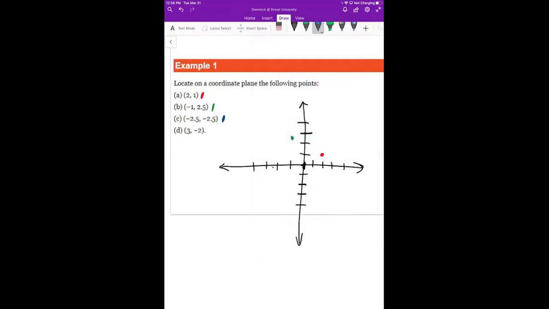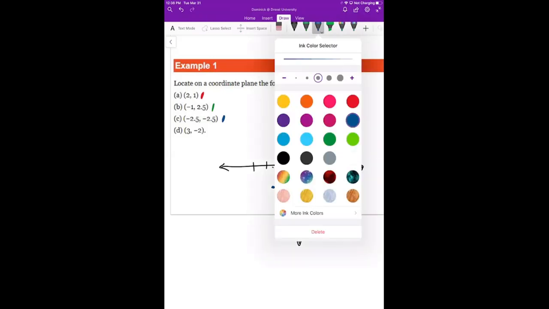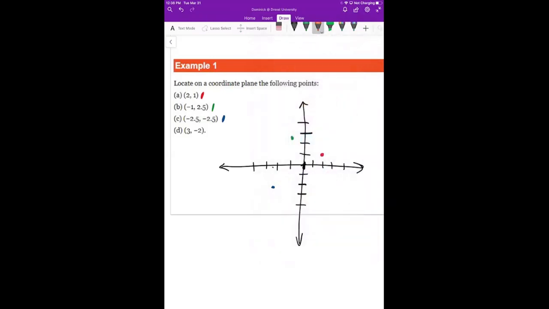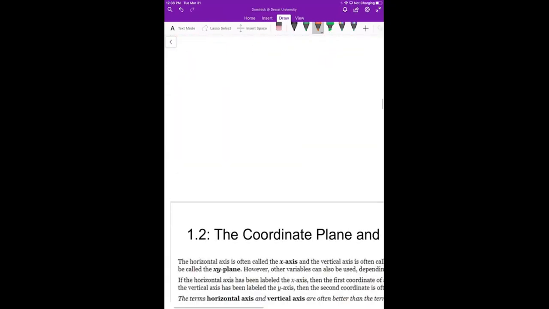So it looks like I need to go somewhere right about here. And then last but not least, we have (3, -2), so I need to go right by 3 units and down 2. That's going to put that point somewhere around there. So that's a basic intro to plotting some points.